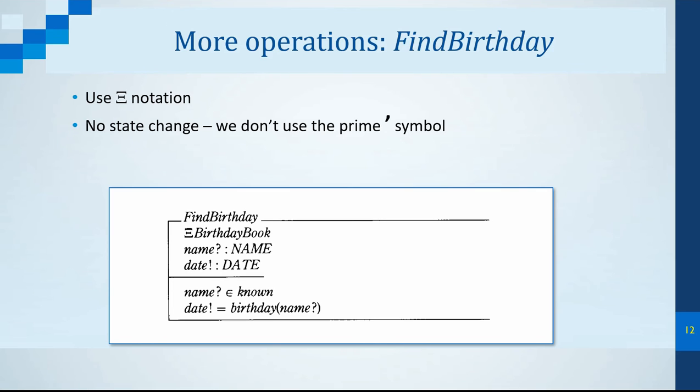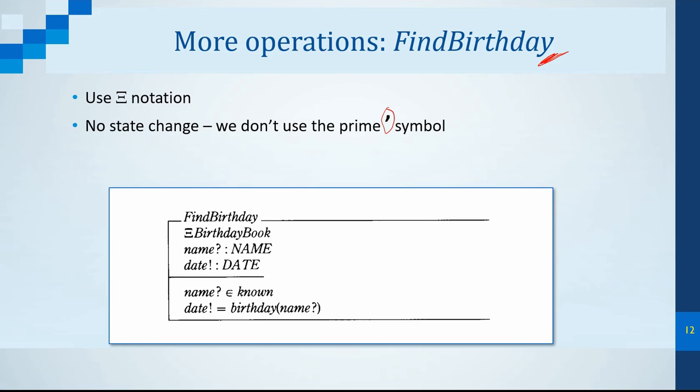Okay, now we come to the second notation, which is z. So anytime you use prime, that means you change the state schema, you change the state, so you have to use this notation. So now for the second operation, finding birthday. How to find the birthday? That means you have the name, and you want to find the birthday.